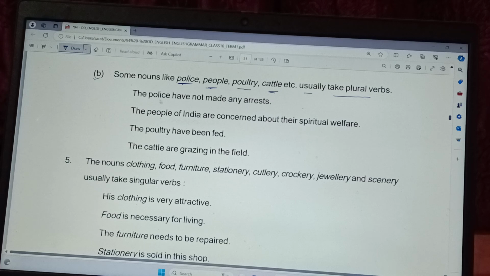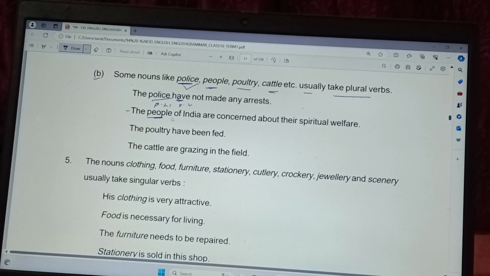The simple rule, guys: police is a plural noun, so we put a plural verb. The police, not has. The police always take a plural verb. The police have not made any arrest. Here the police is a plural noun and have is also a plural verb.